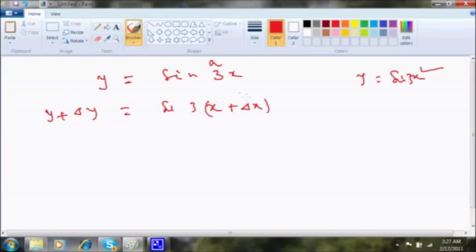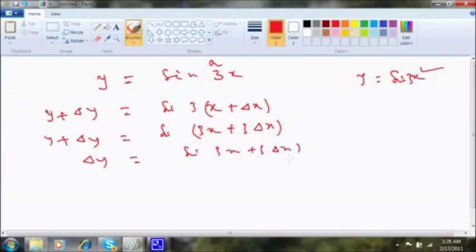X increases, so delta y is sine of 3x plus 3 delta x basically. So delta y is sine of 3x plus 3 delta x minus y.